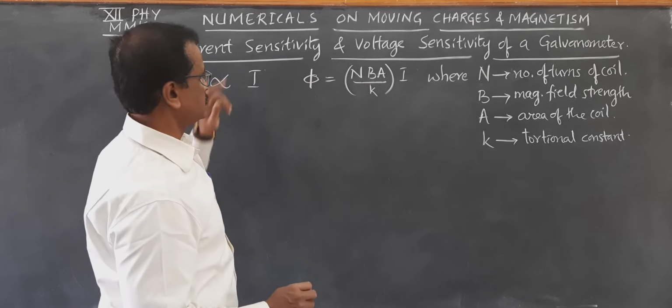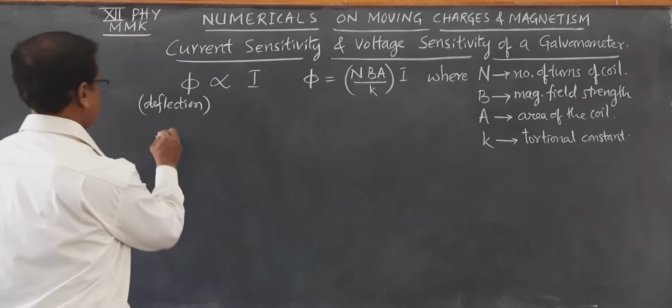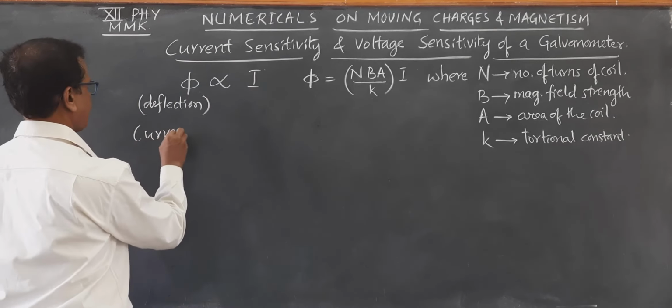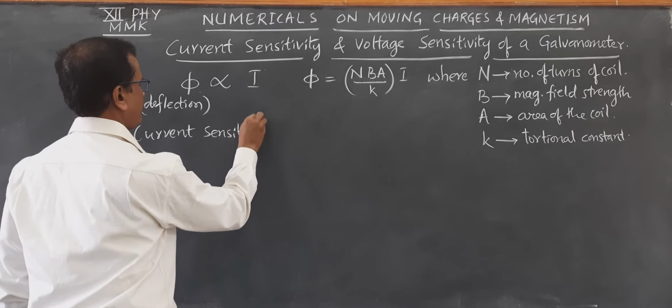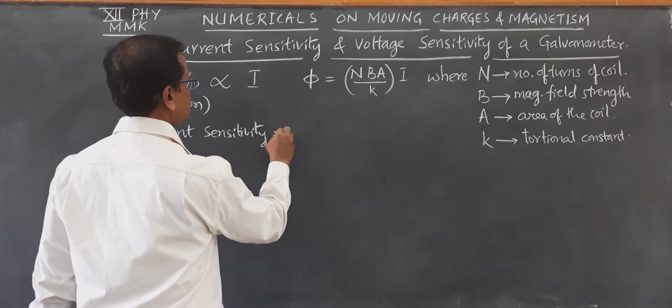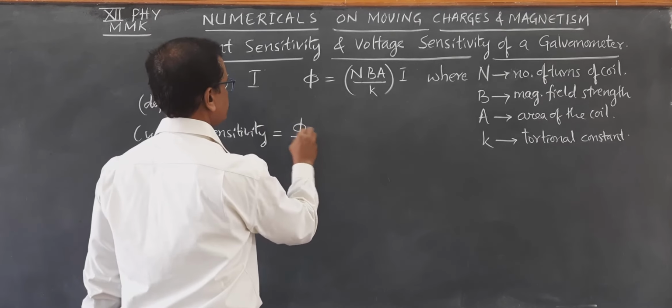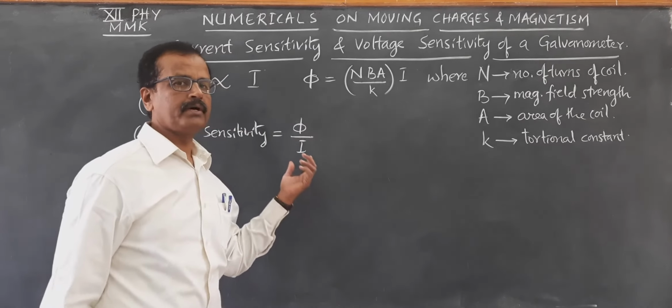Now let us discuss what is current sensitivity. Current sensitivity is the ratio of the amount of deflection per unit current.